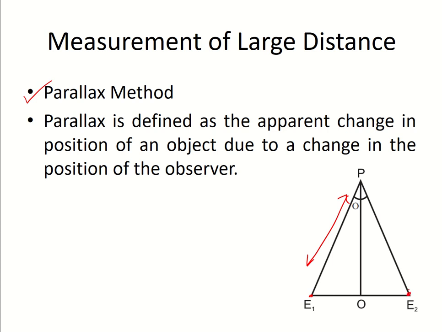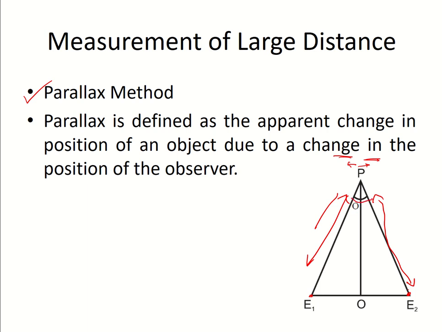In that case you will find this is the line of sight. Just because the background has changed, we feel like that object has shifted. When we are seeing from here, we feel like it is on this side. When we see it from this eye, we feel that object has shifted on this side. So you can try this on your own.